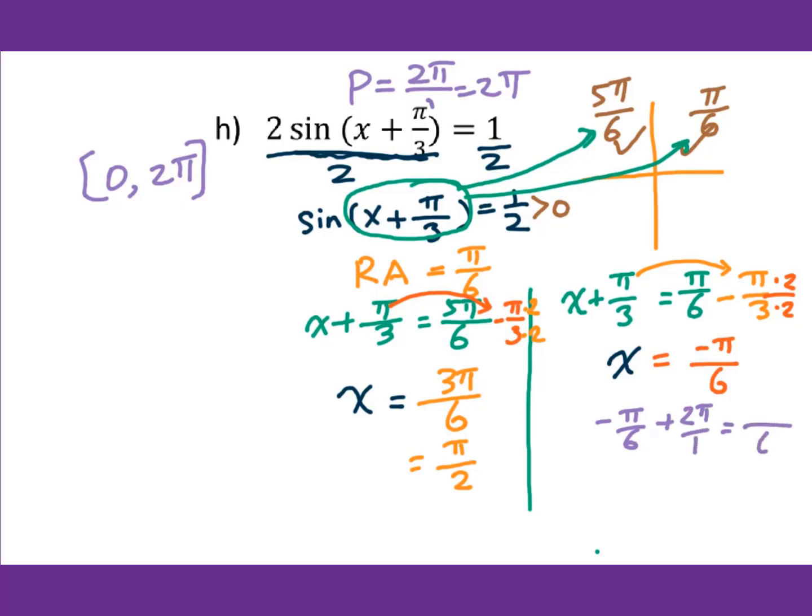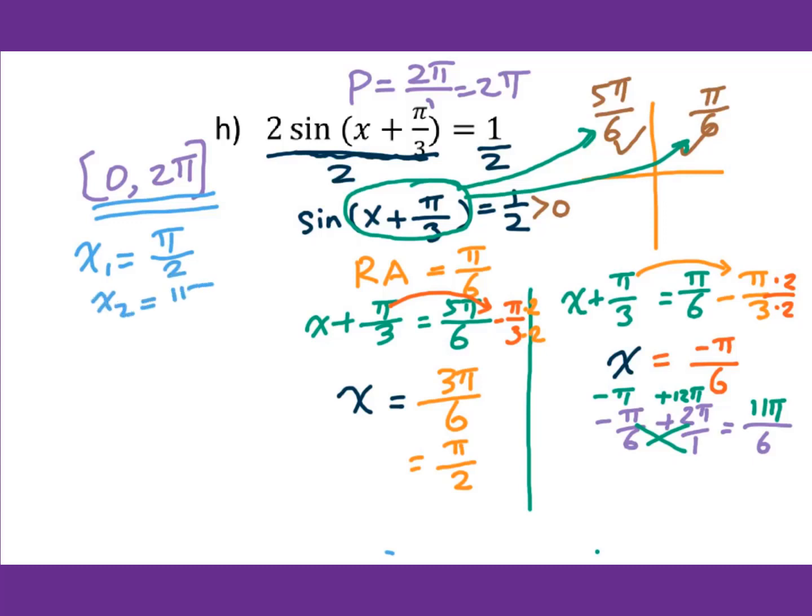Denominator multiply, that's 6. Cross multiply, that's a negative pi plus 12 pi. So you will get 11 pi. Therefore, if we are looking for the angle between 0 and 2 pi, x1 equals pi over 2, and x2 equals 11 pi over 6.